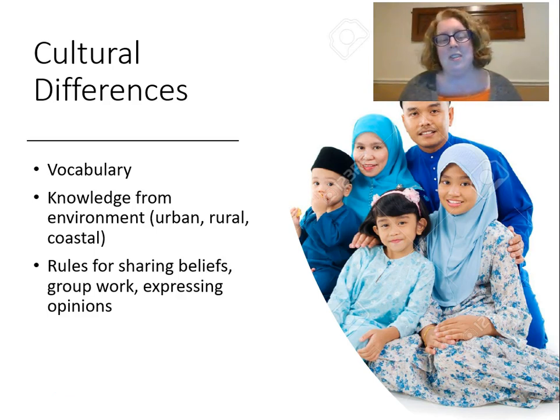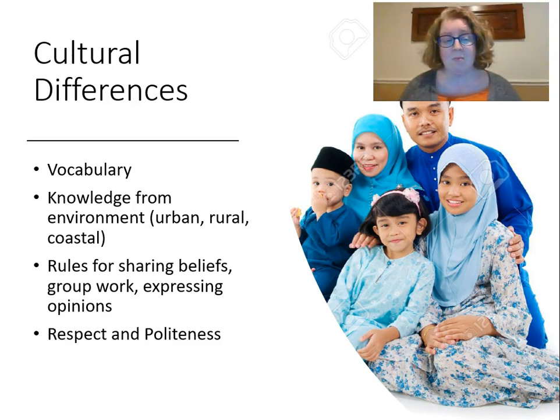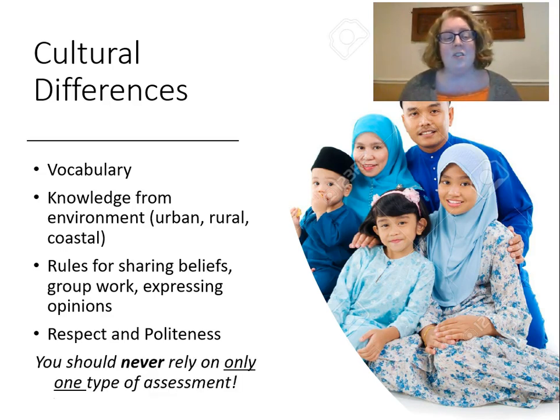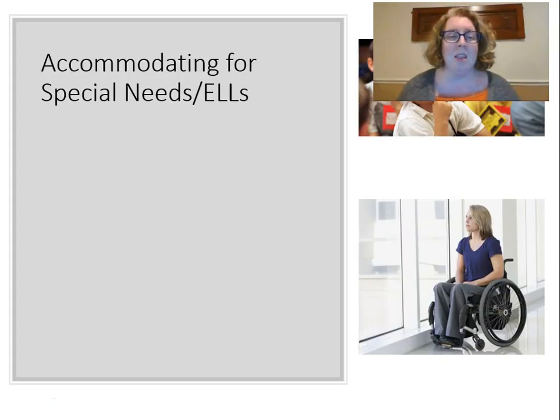There are also cultural differences in sharing beliefs, group work, and expressing opinions, which are very different based upon the culture and the types of families we grew up in. We want to be sensitive to all of those things within our assessments and our tests. Also, cultural norms for respect and politeness can be different. All of this is to say that we should never rely on only one type of assessment to make really important decisions about our students, but we should rely on a variety of different types of assessments.